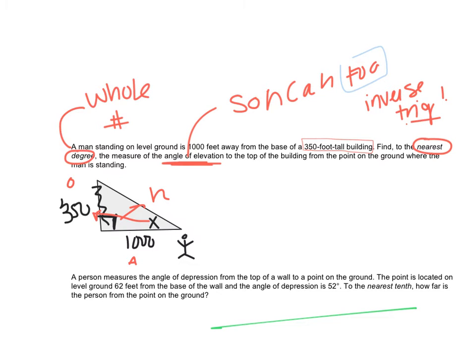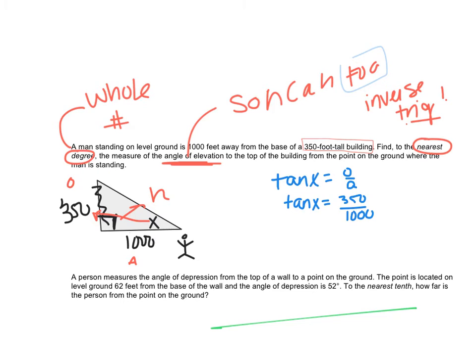So I do tan of X equals opposite over adjacent, which means tan of X equals my opposite of 350 over my adjacent of 1,000.